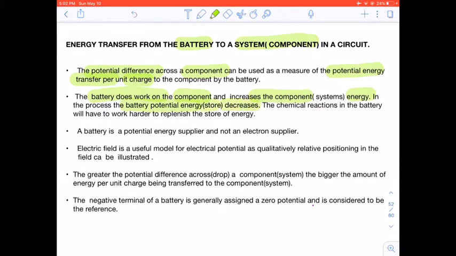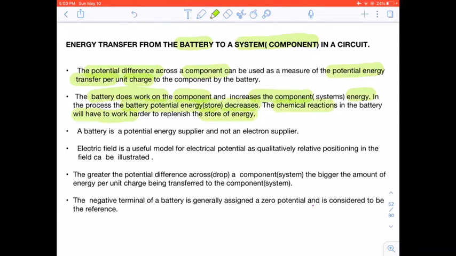So the battery supplies the energy to the component, and the component's energy increases, but the battery energy decreases. So what happens inside the battery? Chemical reactions in the battery will have to work harder to replenish the store of energy in the battery.